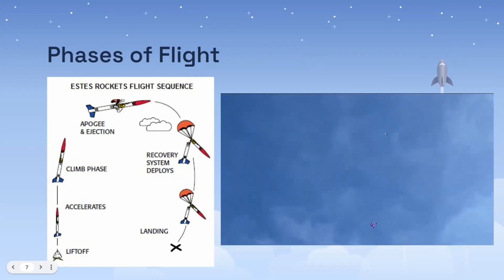So there you can see that the main parachute has deployed.